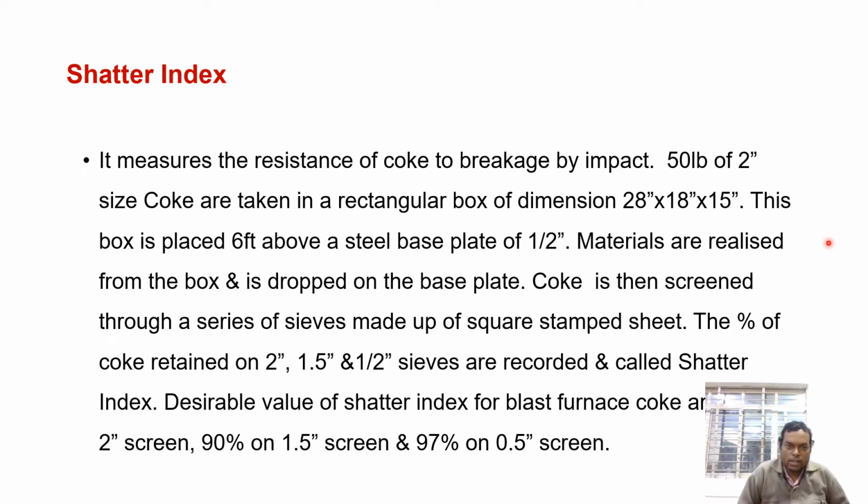Coke is then screened through a series of sheets made of square stamped sheet. The percentage of coke retained on 2-inch, then 1.5 inch and half inch sheets are recorded and called shatter index.